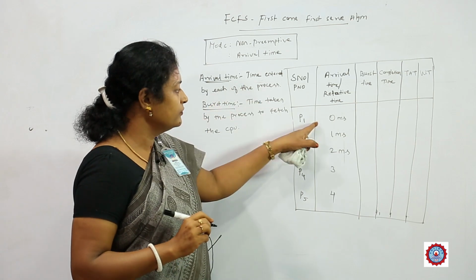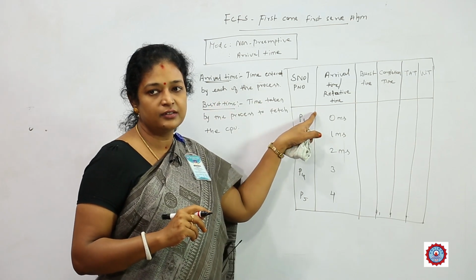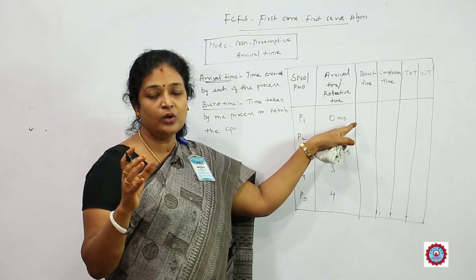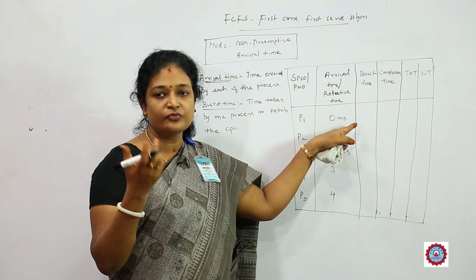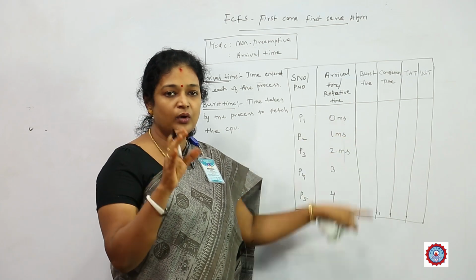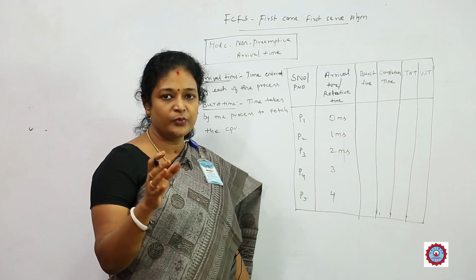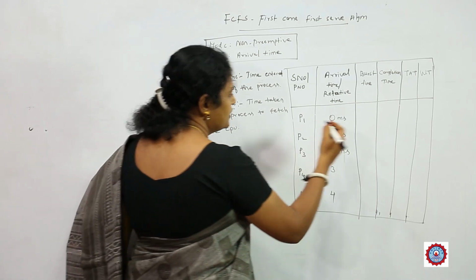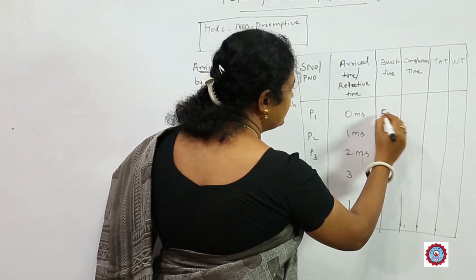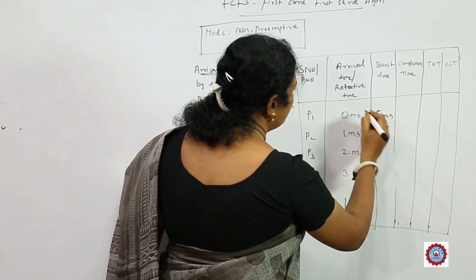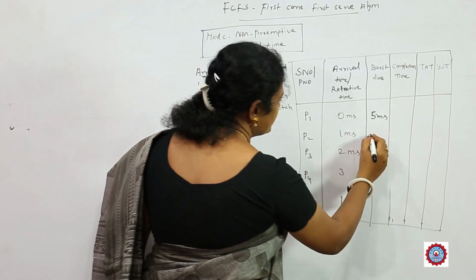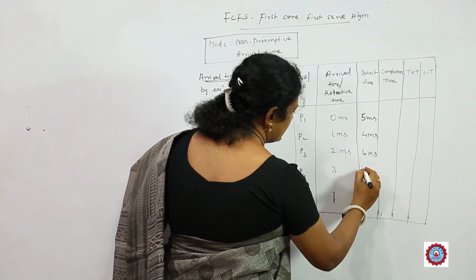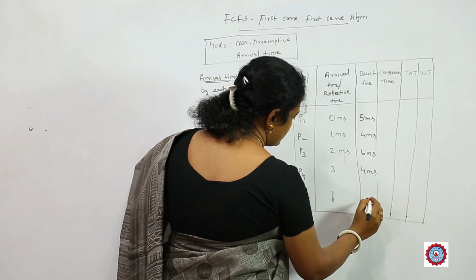So, arrival time is when the process has entered the ready queue, and burst time is how long it takes, at what time interval that particular process receives the CPU, that is, the time taken by each process to complete its execution.